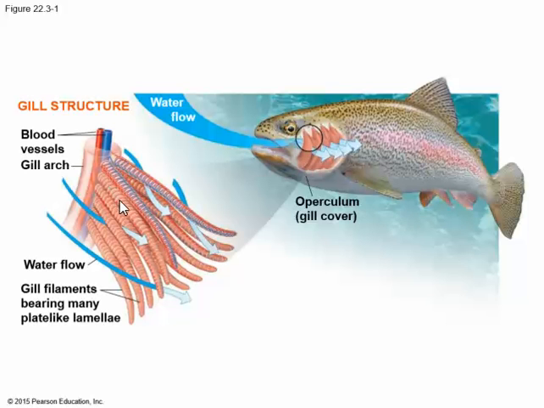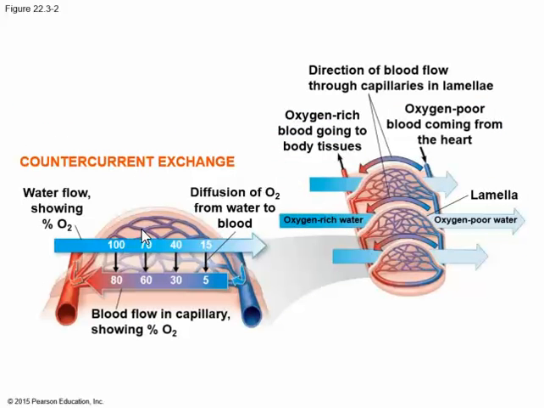The gills have numerous infoldings, an adaptation to increase surface area. As the water goes this way, the blood flows this way. So as the blood flows this way, it's picking up more oxygen and getting rid of the carbon dioxide at the same time, because the more oxygen it picks up pushes the carbon dioxide out.